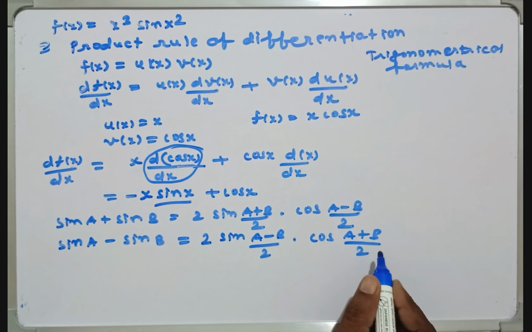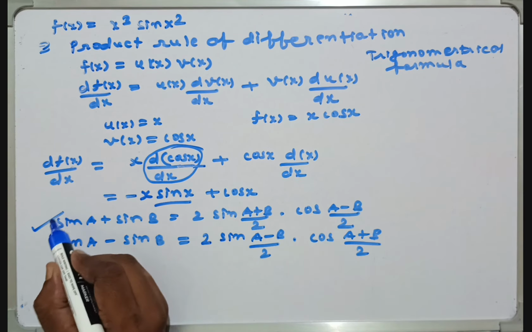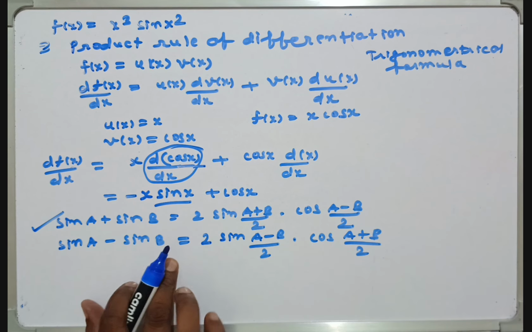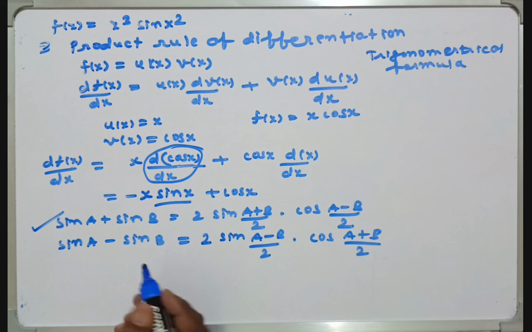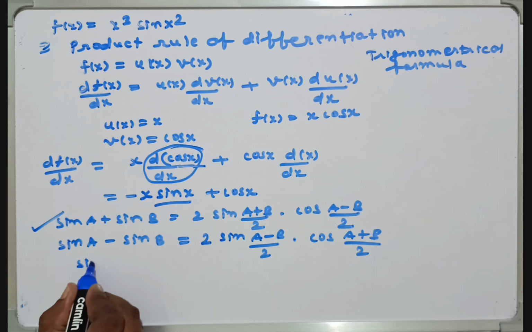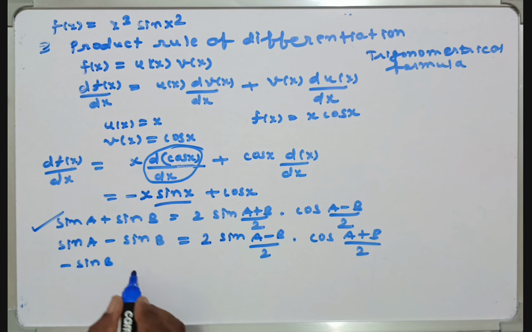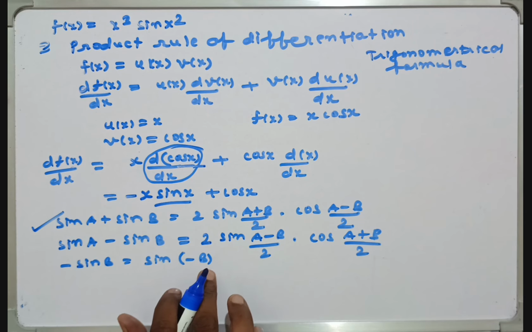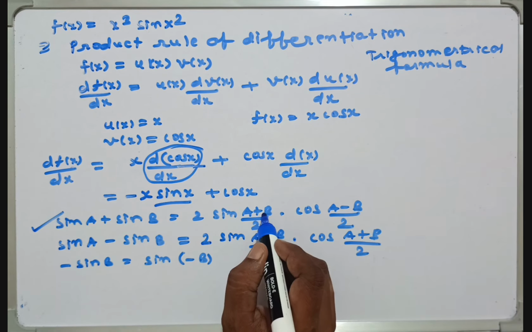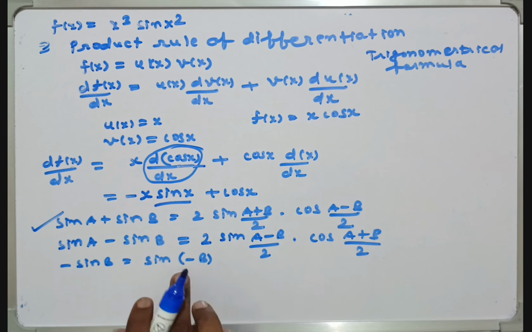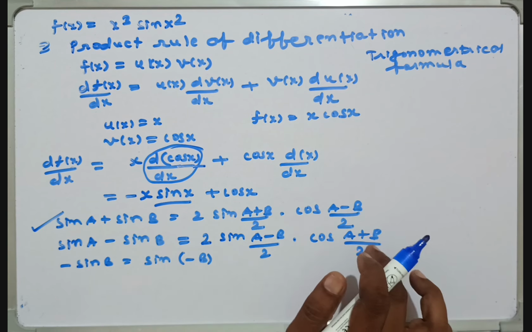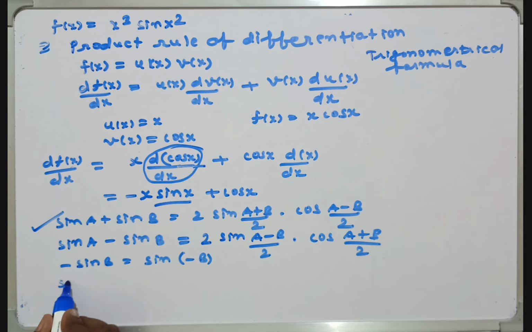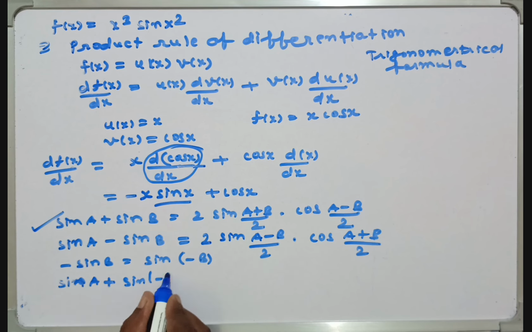Okay, so guys, suppose you remember the first one but forget this one, so here is one trick. We can write minus sin B equal to sin of minus B. So if we put this value here, plus B becomes minus B, and minus B becomes plus B. So you can also write it as sin A plus sin(-B).